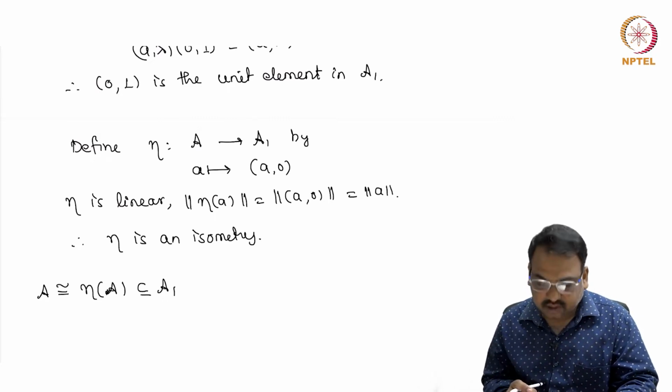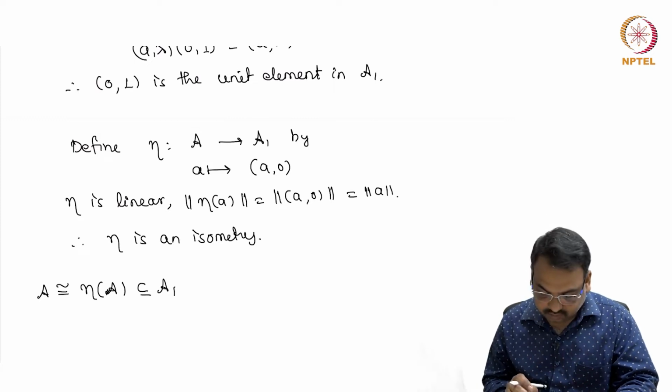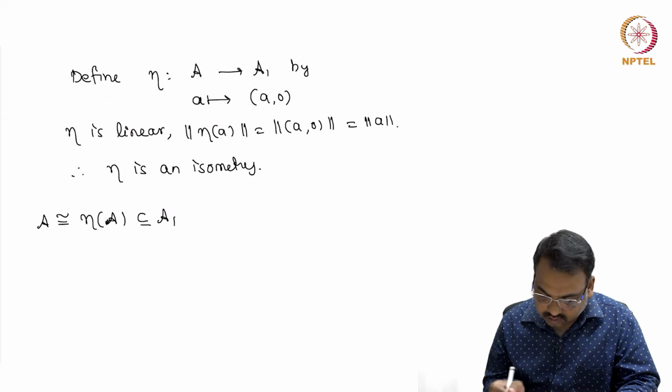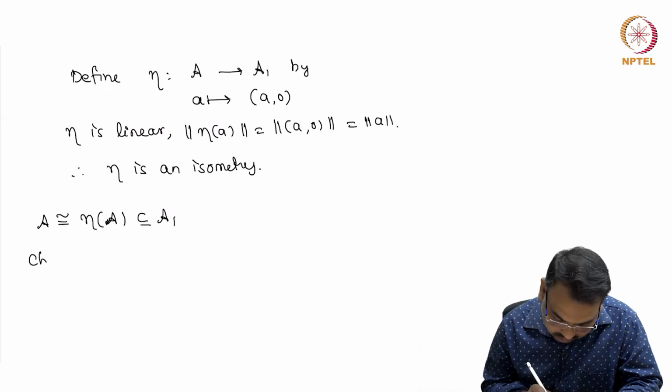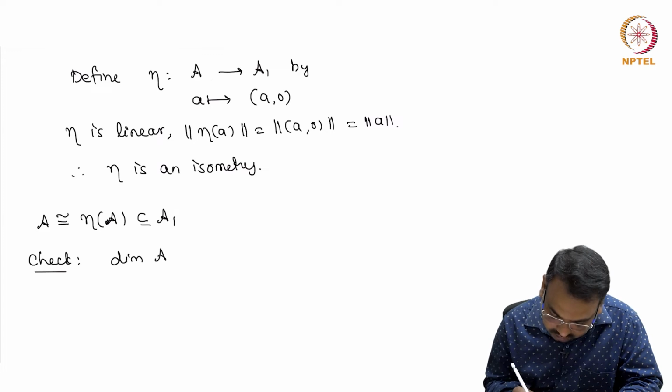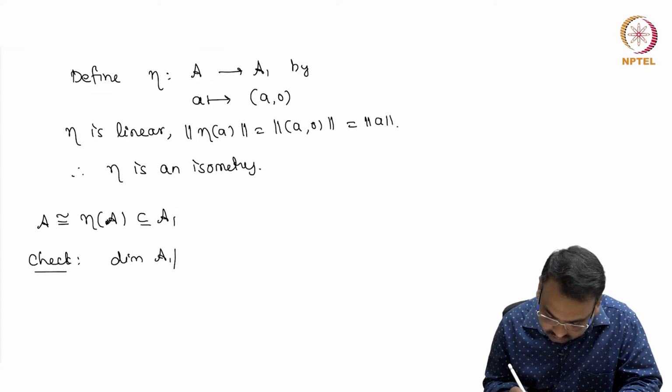So we can identify A with eta A, which is a subalgebra of A1. We can in fact show that the dimension of A1 quotient eta A as a vector space is exactly 1.